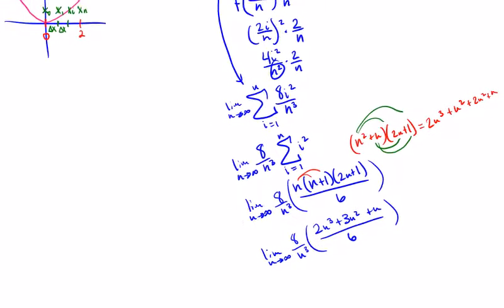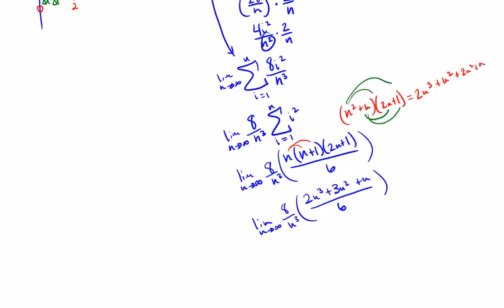Okay, so now what I can see is that the 6 and the 8 can reduce, so it'll be 4 over 3. And also we have an n here that I should have canceled out from the start, but we'll do it here. I'm going to cancel out one of these n's, so we have 2 n's left.